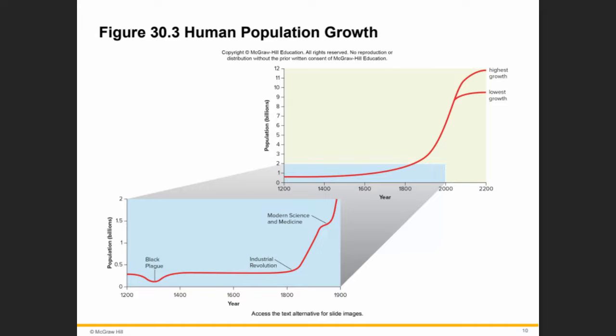The line began from 0.5 billion at year 1200 and ends at 9 billion, which is the lowest growth, and 12 billion, which is the highest growth, at 2200.